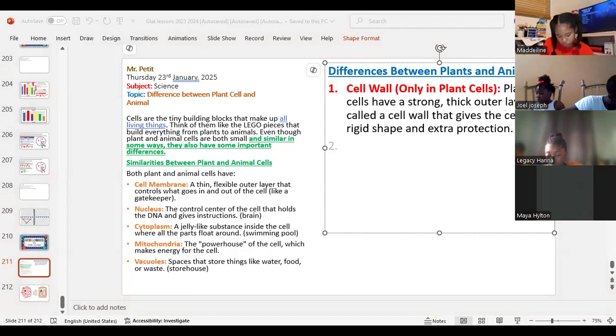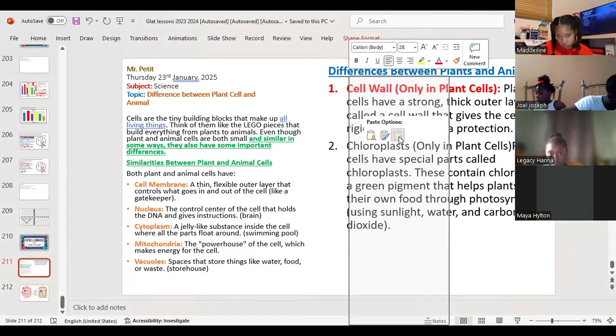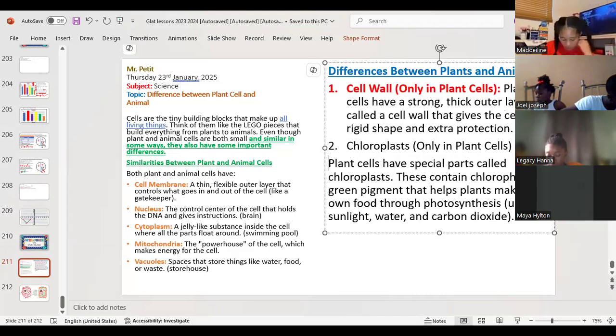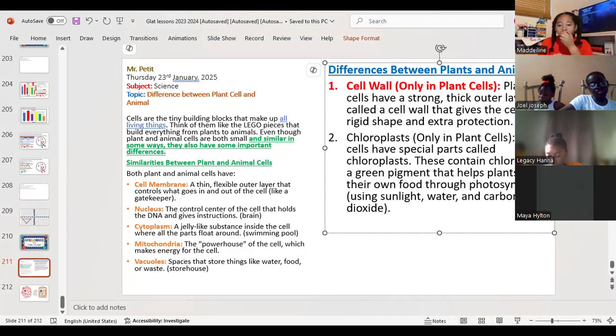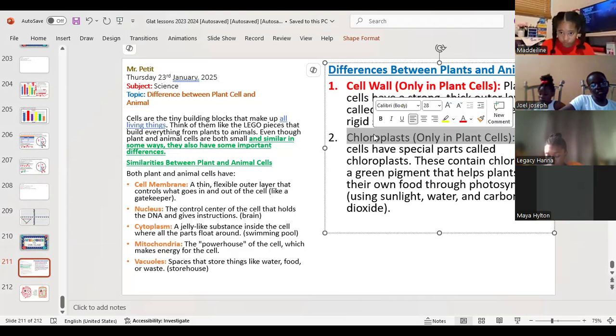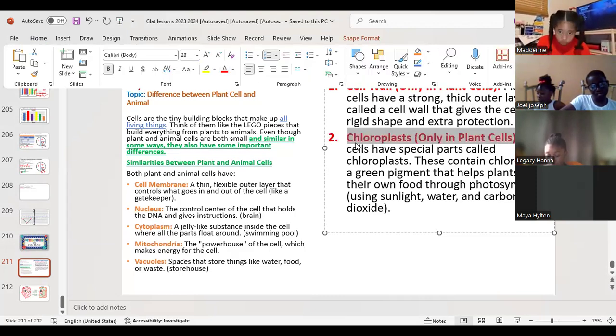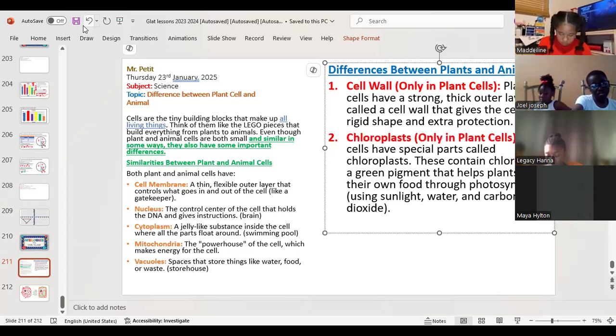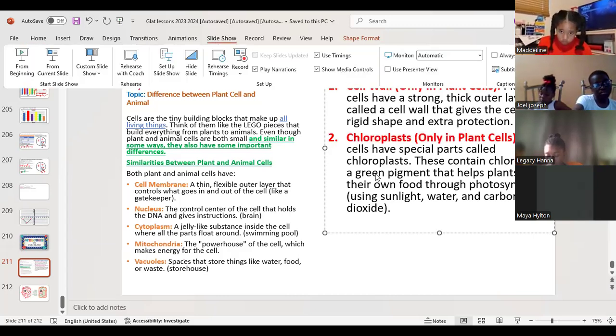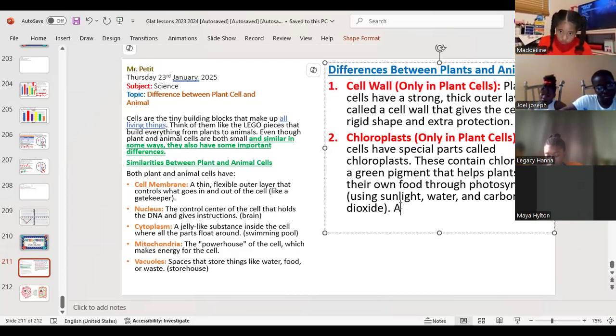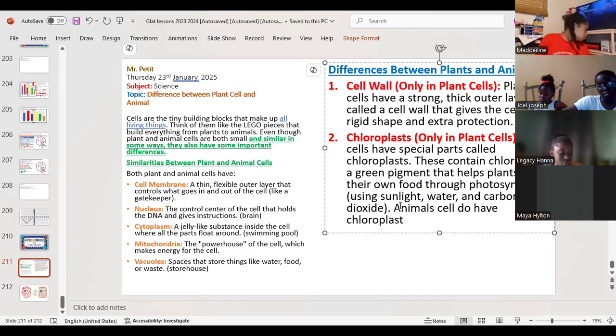The next one is animal cells do not have chloroplasts. Only plant cells have chloroplasts. Why do you think only plant cells have chloroplasts and animal cells don't? Animal cells, I don't know if it's right, but I guess animal cells don't really have to make food and stuff.